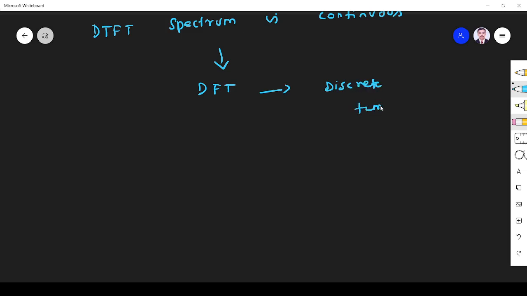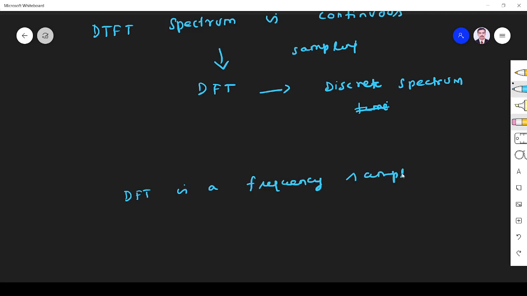So how can you convert continuous into discrete? If you want to convert continuous into discrete, we have to use sampling. DTFT is already in the frequency domain. If you sample that DTFT spectrum, then we can get DFT. So DFT is a frequency sampled version of DTFT.